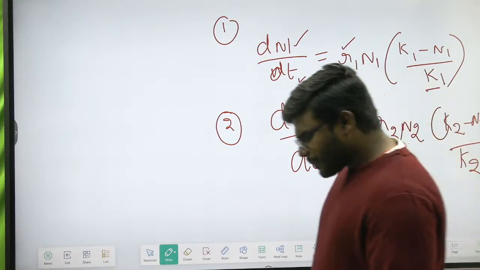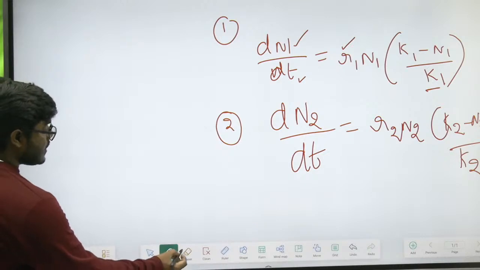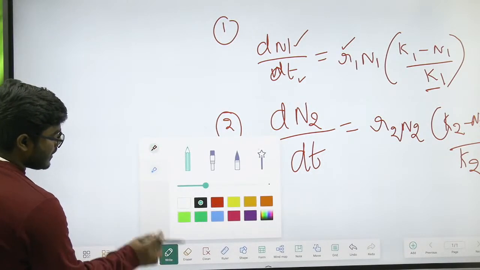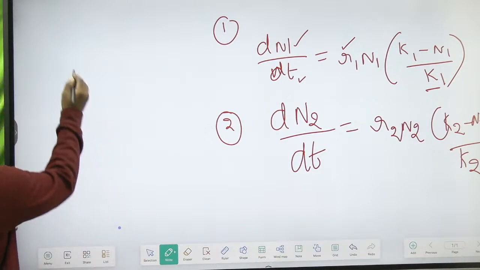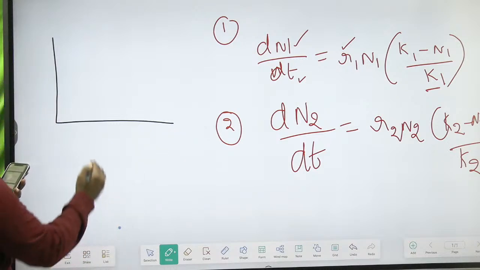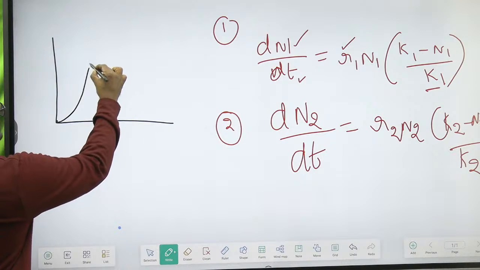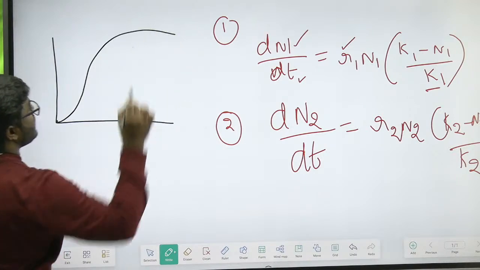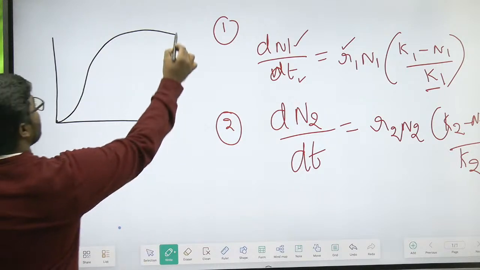So friends, what is another statement that you can understand here? Since both species are not competing, there is no doubt about it, they will show a normal growth curve. Correct? So what do we mean by the words normal growth curve? First they show the lag phase, the preparatory phase, then followed by the S phase, and finally the decline phase.